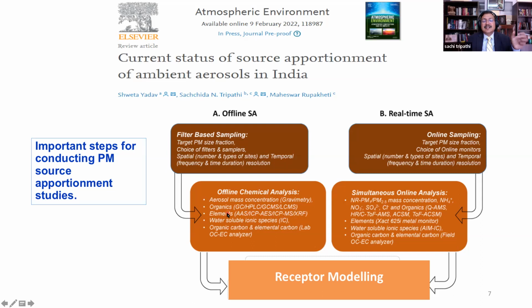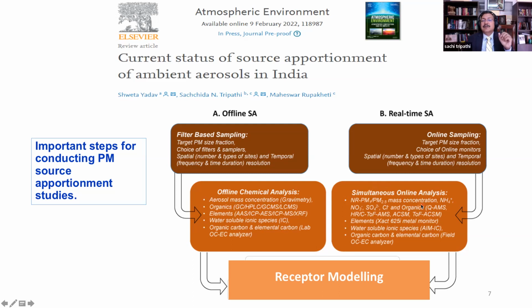These can give you accurate information about elements and metals. Then you use an ion chromatograph for getting the water-soluble ionic species, and for organic carbon and elemental carbon, you use an OC-EC analyzer. And the organic analysis is basically for getting polyaromatic hydrocarbons detected.